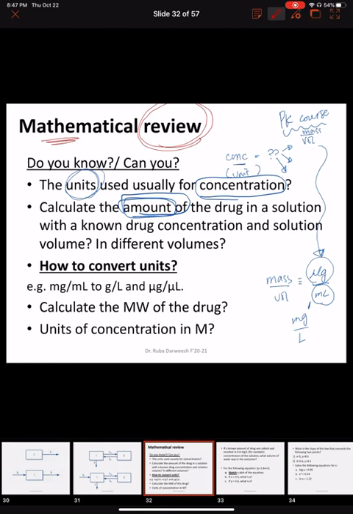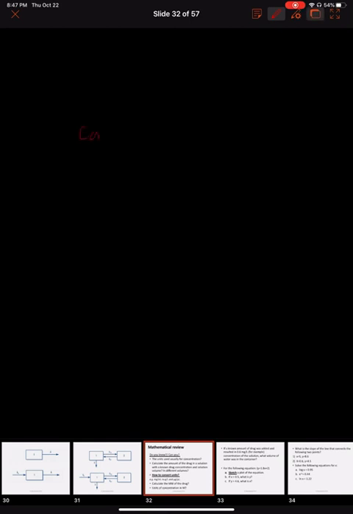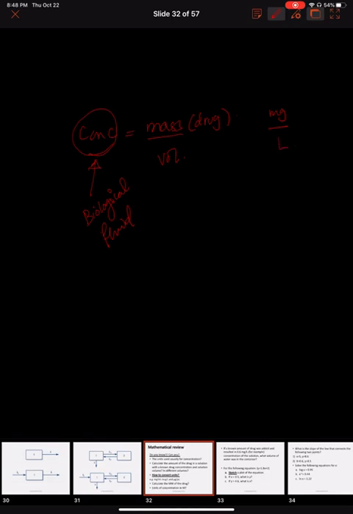Let's say that concentration equals mass over volume. Whatever concentration we are measuring in a biological fluid, it's the mass of the drug over the volume of the fluid, in units of milligram per liter as an example.